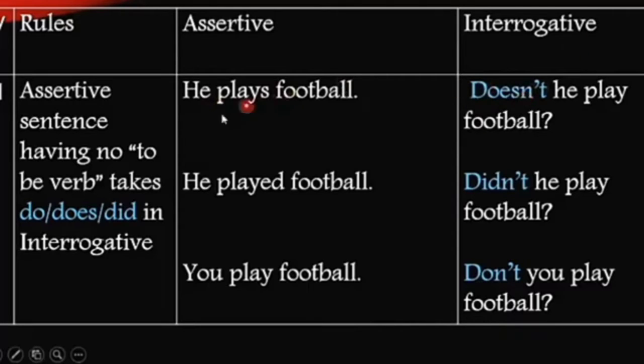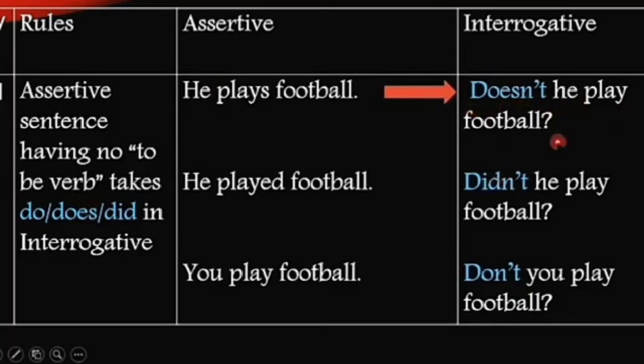That time, according to the subject of the sentence and the tense, we have to pick from these three options, do, does, or did. As the subject here is third person singular and the tense is present tense, does is the correct option to be taken. He plays football: the interrogative form of the sentence is, doesn't he play football?